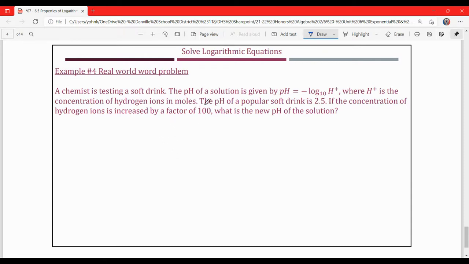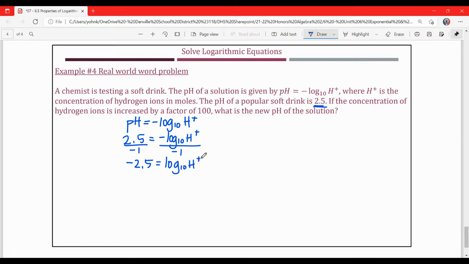So let's take the 2.5 and go to the pH equation. It tells us that our pH is 2.5, so let's do 2.5 equals negative log base 10 of H plus. Then we need to get rid of that -1, so we can divide both sides by -1. Negative 2.5 equals log base 10 of H plus.